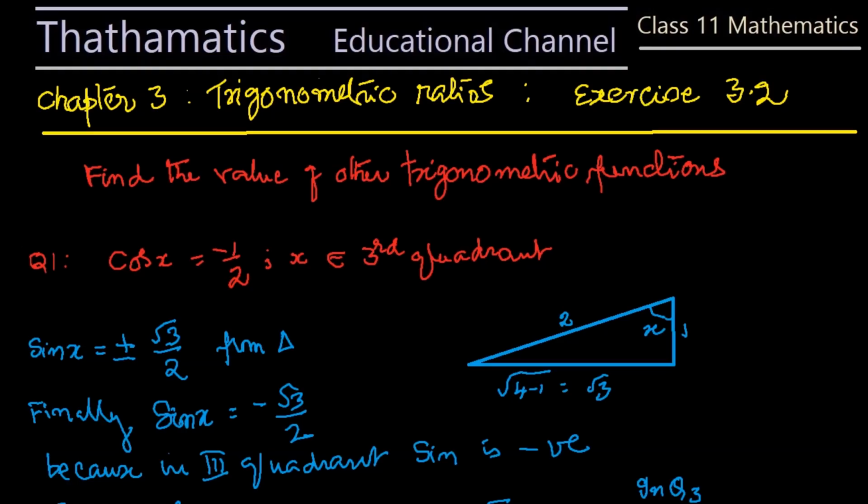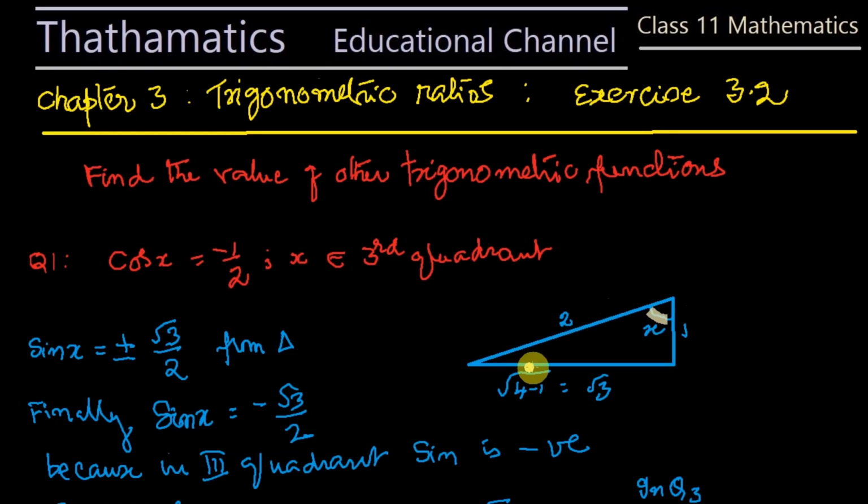Cos x is minus 1 by 2. So this side is 1. This is the triangle. Because cos x is half, the adjacent side of x is 1 and the hypotenuse is 2.